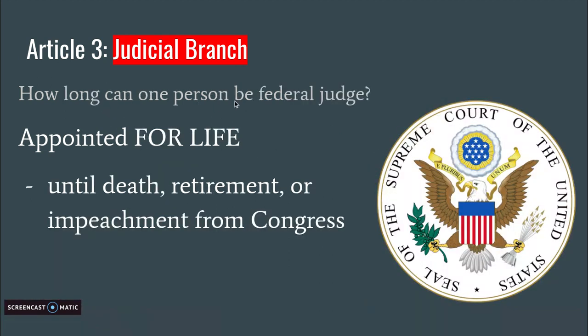And how long can one person be a federal judge? Well, they are appointed for life. So once they are chosen by the president and approved by the Senate, they are a federal judge for life.